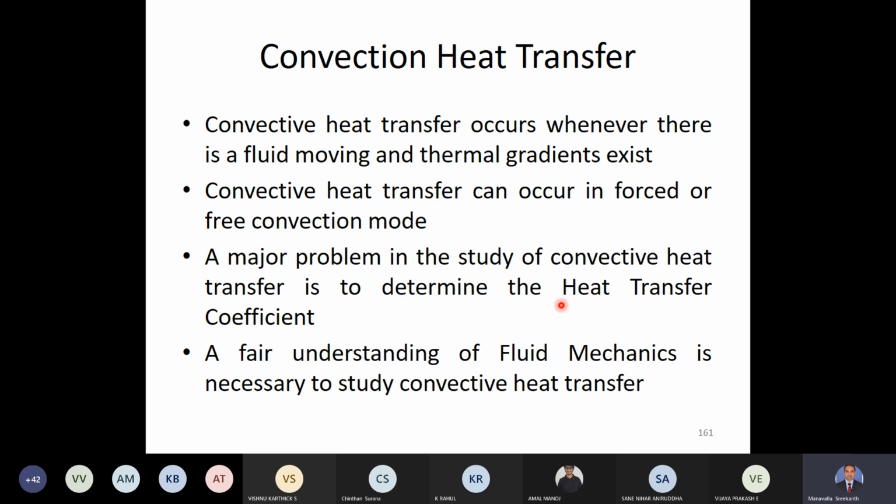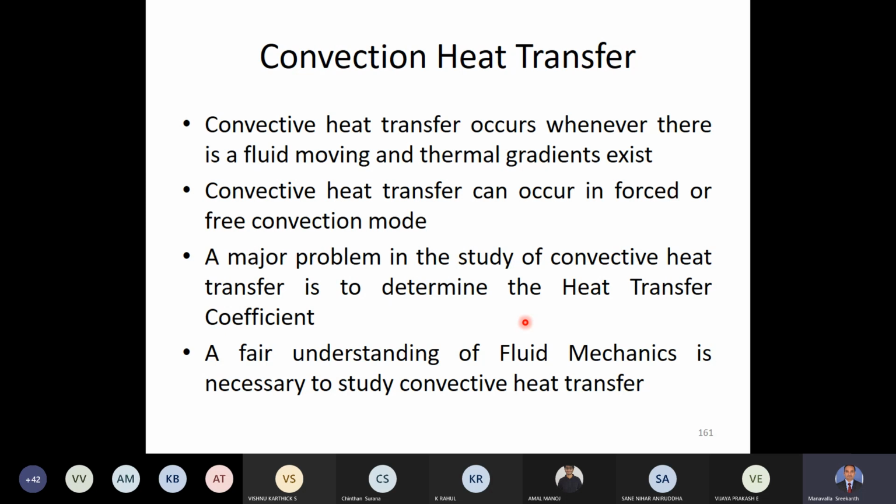You have some experience in determining this heat transfer coefficient. In the lab, you have done experiments on convective heat transfer: one experiment on natural convection, followed by another experiment on forced convection. In these two studies, what we have done is experimentally determine the value of the heat transfer coefficient. And there is also a third experiment called the pin-fin experiment.